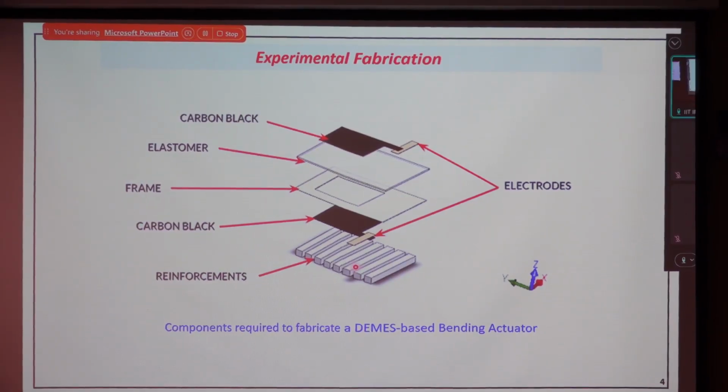Twisting. You see, when we are designing a flapping wing actuator made up of this DMS, it's not always that the bird will have only bending actuation. Along with the bending, it can also have twisting. So, for example, if you are designing a flapping wing made up of a DMS actuator, you need to orient the stiffener at a particular orientation.